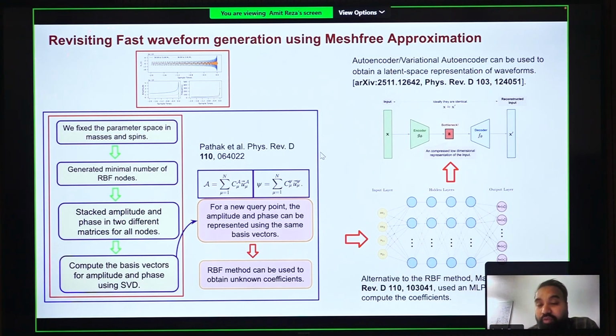So training would of course be very time consuming. Once the model is trained with a limited number of layers, it is faster, but of course it is not faster than GPR. If you're comparing the floating point operations between GPR and this kind of architecture, then of course GPR is faster.